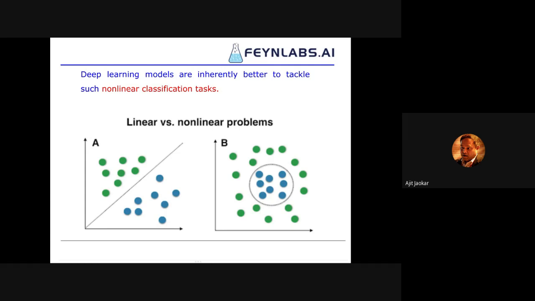However, a pattern does exist because the circle separates the blue circles from the green circles. So nonlinear patterns are much harder to understand. A deep neural network is a way to understand nonlinear problems.